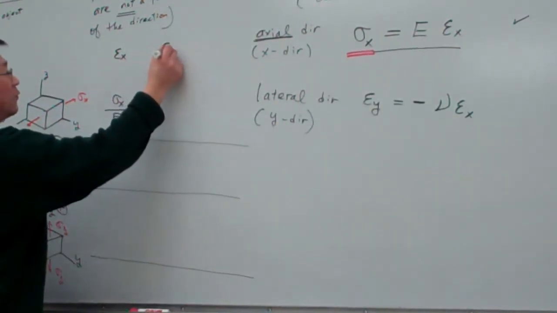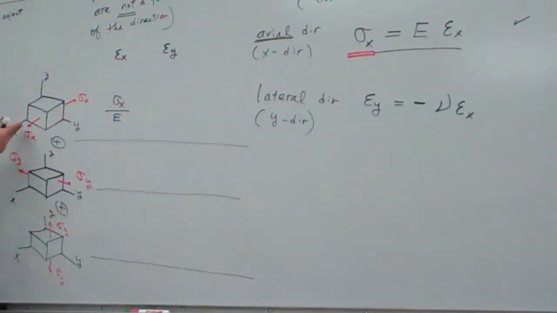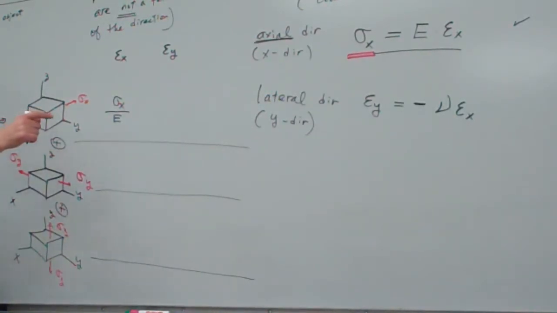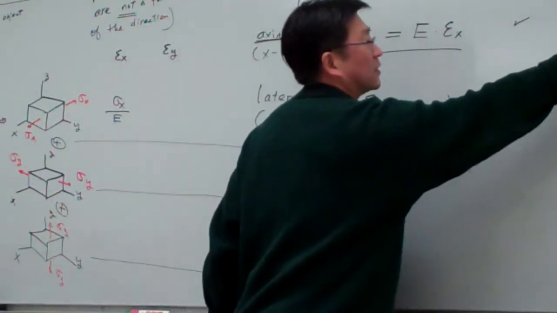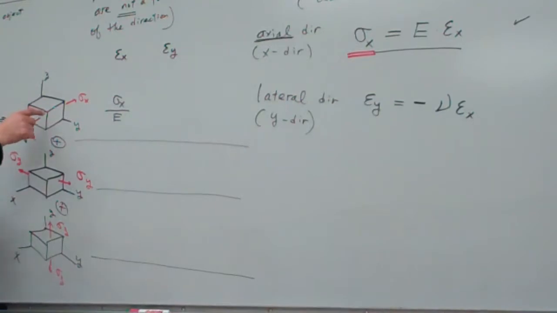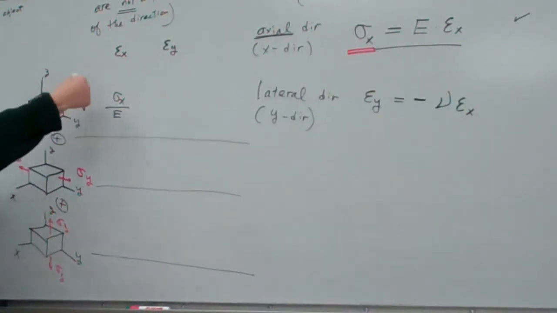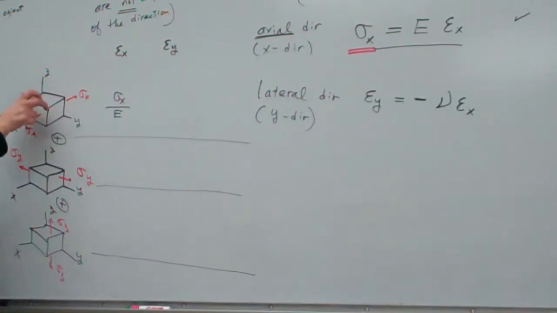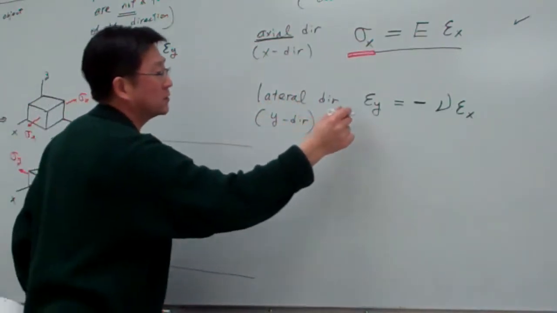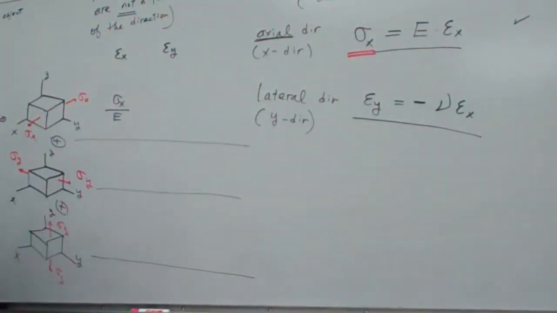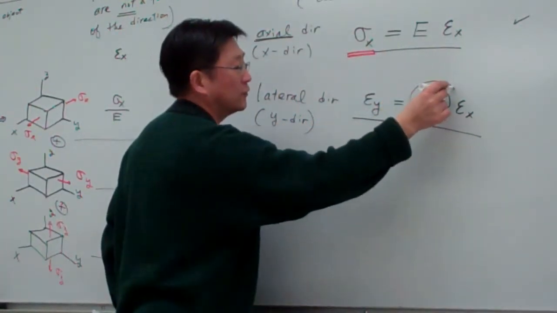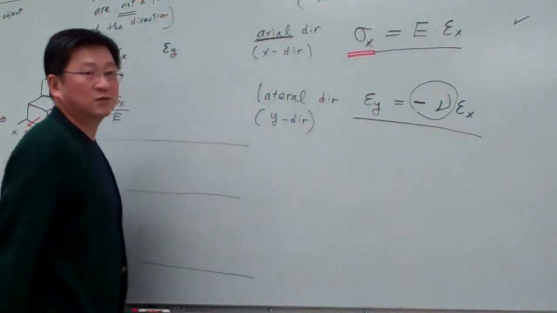And the other strains. Right now x is the loading direction, so that means for this material, if you borrow this concept here, the lateral direction will be reduced. You can imagine if this were chewing gum, you stretch it in that direction, that means the y direction and z direction will be reduced. So for the strain, we pick up this formula here. In the lateral direction, the lateral strain is equal to minus mu multiplied by the axial strain.